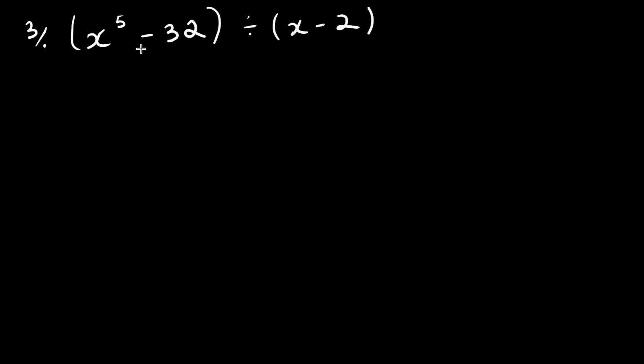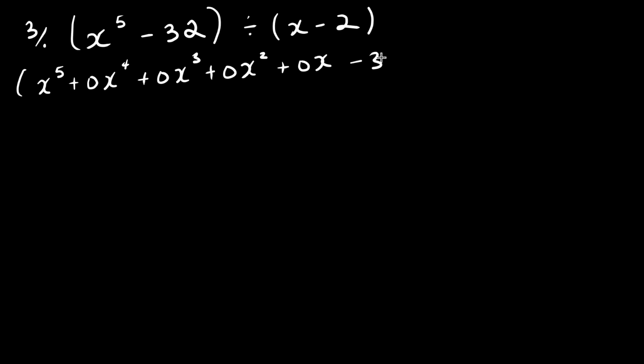So instead of x to the 5th minus 32, we're going to write that our dividend is actually x to the 5th plus 0x to the 4th plus 0x to the 3rd, plus 0x squared plus 0x minus 32, all divided by x minus 2.